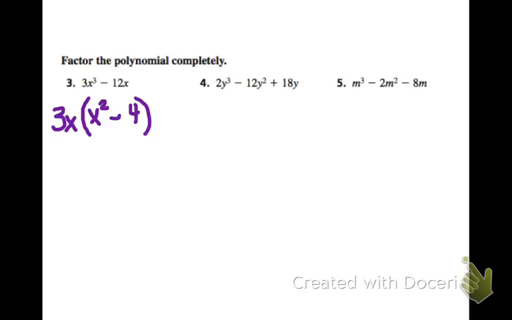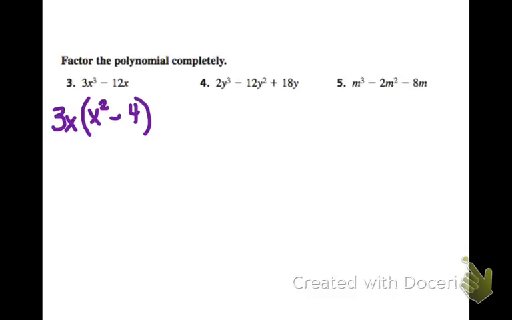If you look at this x squared minus 4, that's the difference of two squares, because 4 is a perfect square. So we could factor completely, and if you follow the pattern, the difference of two squares means that we're just going to find the square root of the 4, and we're going to write it as x plus 2 and x minus 2.